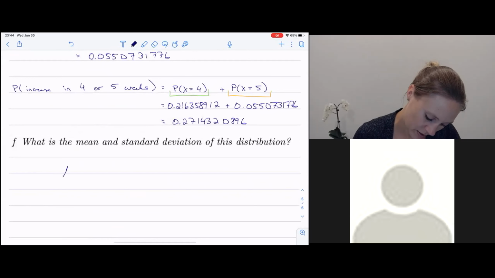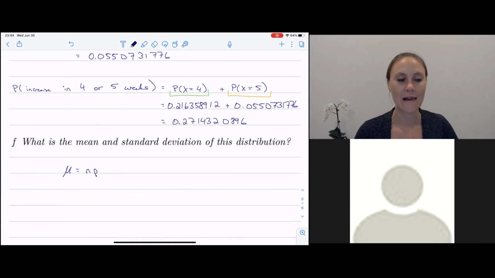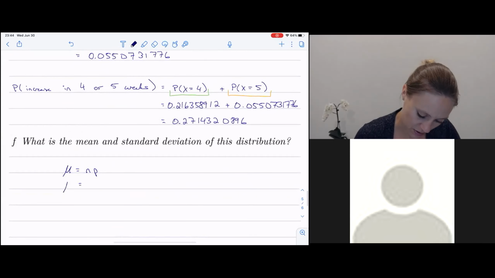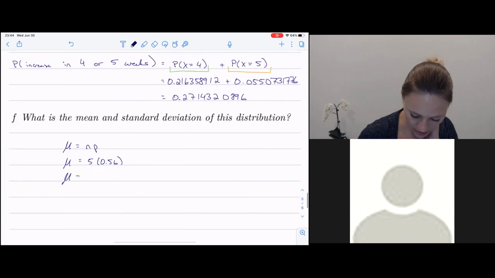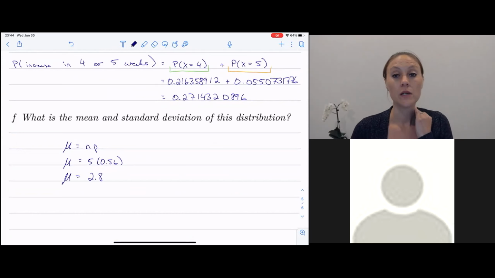So remember, mu is n times p. And so in our case, mu is going to be 5 times 0.56. So 5 times 0.56, mu is 2.8. 2.8 is not going to happen, but that's how many weeks out of 5 in 5-week increments we would expect to see an increase, 2.8, which is more than half. So that's good.